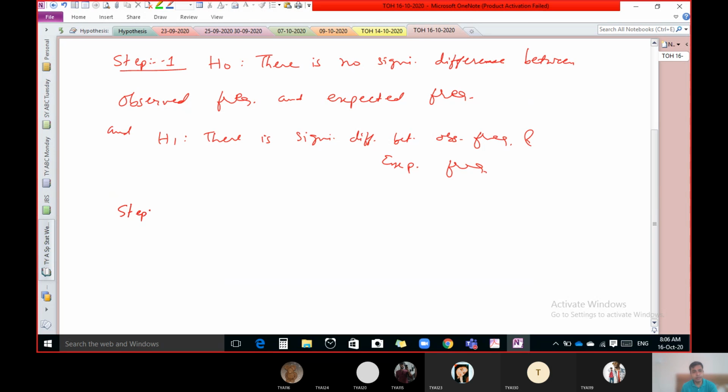So let us take one small example to get the idea about that. Let us assume there is one claim of the manager of one particular restaurant that the arrival of customers during the day, Monday, Tuesday, Wednesday, Thursday, Friday, Saturday and Sunday, is 1 is to 1 is to 2 is to 2 is to 3 is to 4 is to 6.